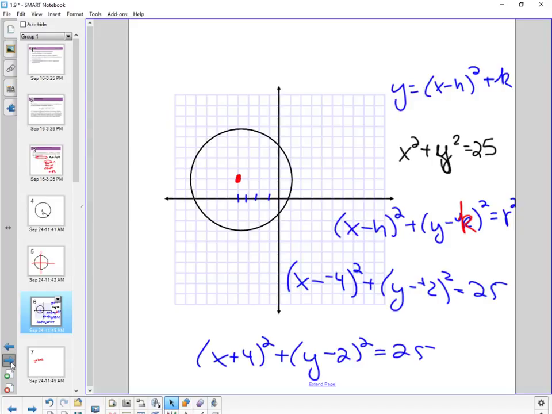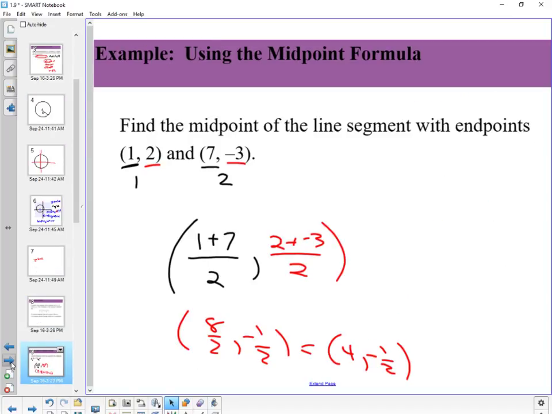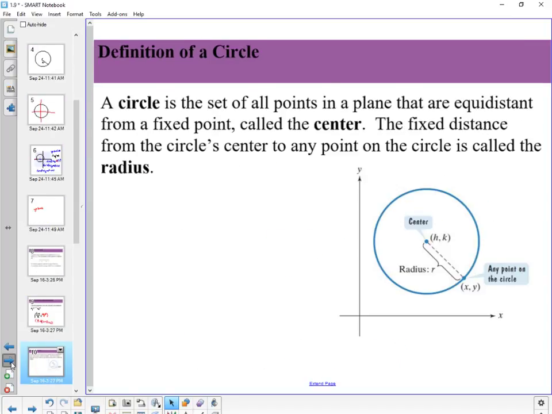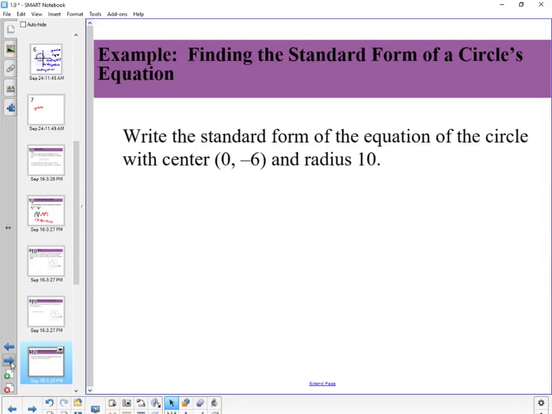All right, let's see what slides we had saved up. Okay, here we go. I need to write the equation of a circle. Its center is at 0, negative 6 and has a radius of 10. So, I start with my x. Was there any movement, left or right? So that's going to stay x squared.